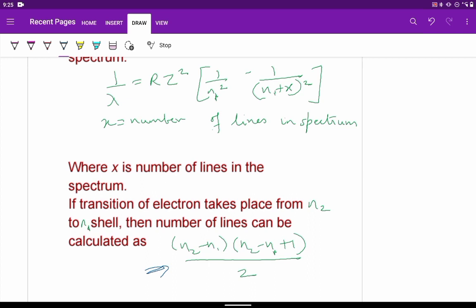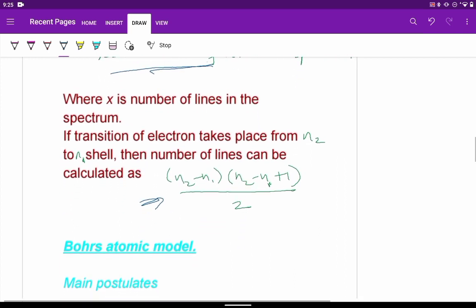So with this we can calculate the number of lines, and x is the number of lines in the earlier formula. So using both these formulas we can calculate the numericals.